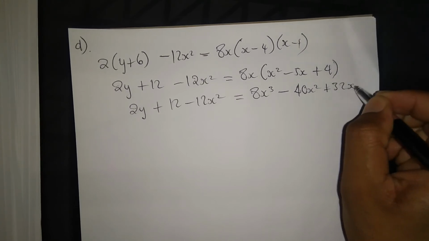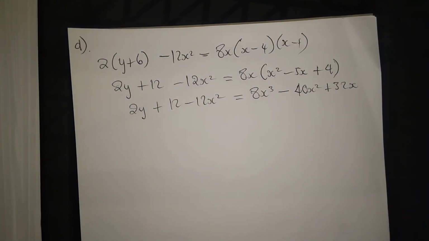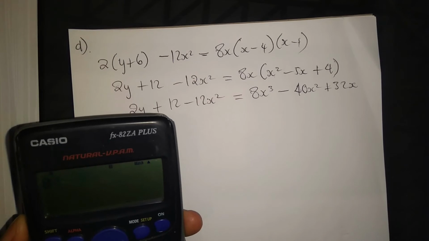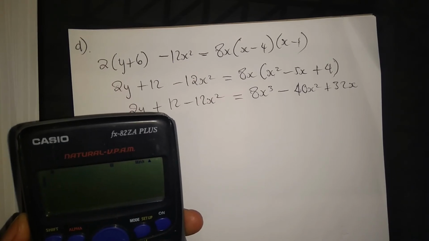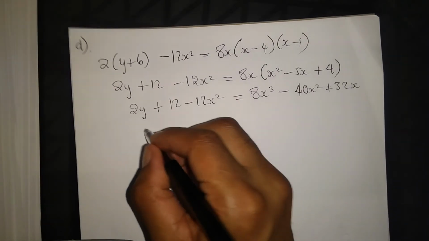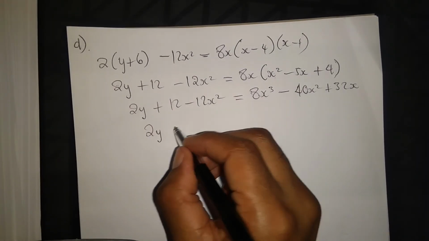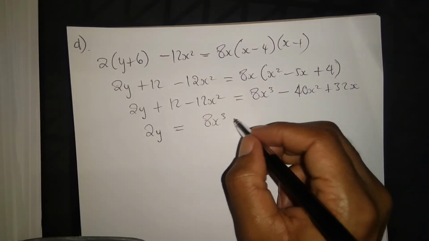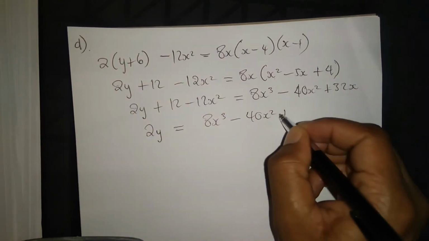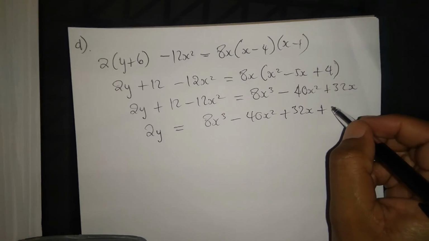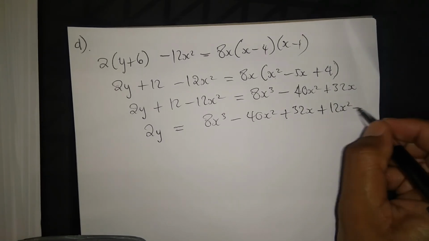It's 32x. I just need to confirm. 8 times 5, yep, it's 40. 4 times 8, it's 32. So 2y is equal to 8x cubed minus 40x squared plus 32x plus 12x squared minus 12.